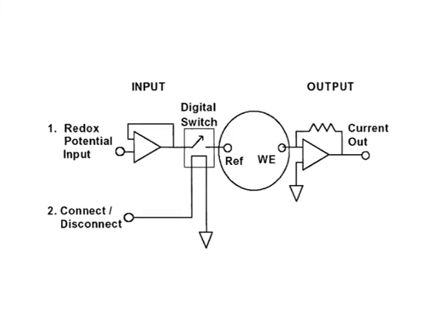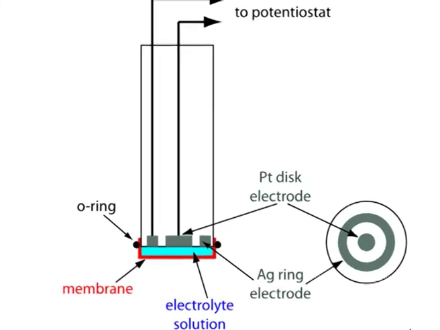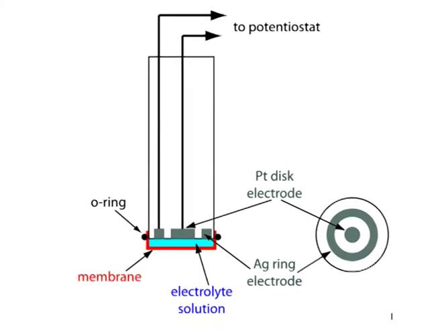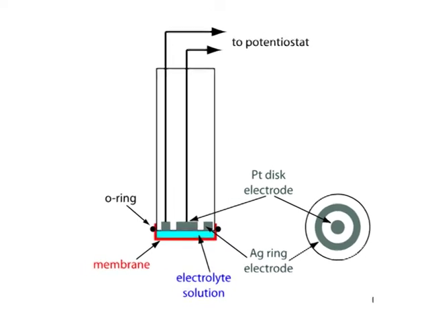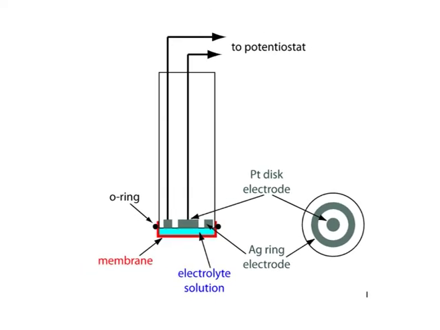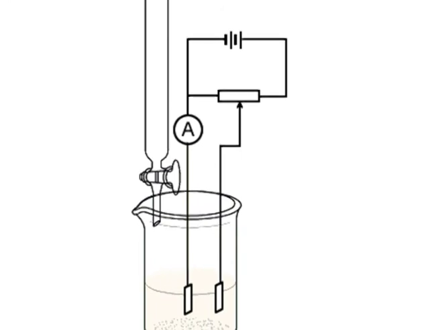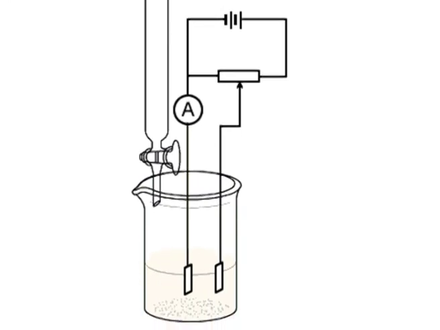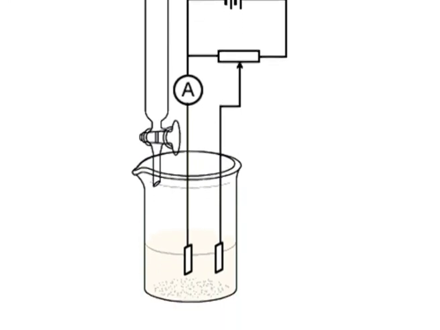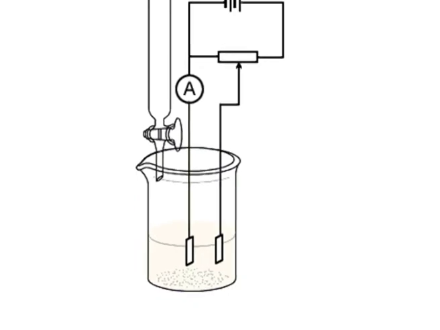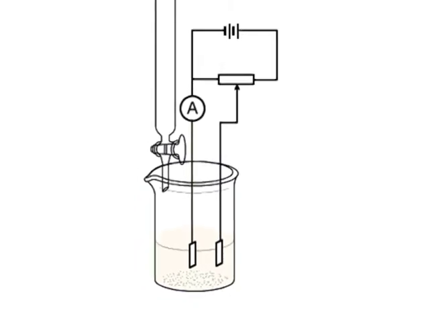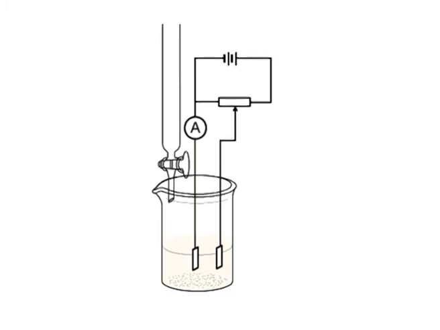and the subsequent measurement of the resulting steady state current. The magnitude of measured current is dependent on the concentration of the reduced or oxidized substance. Amperometric titration refers to a class of titrations in which the equivalence point is determined through measurement of the electric current produced by the titration reaction.